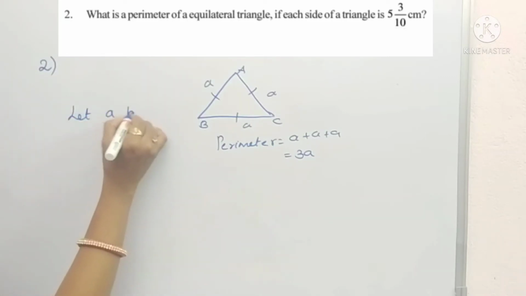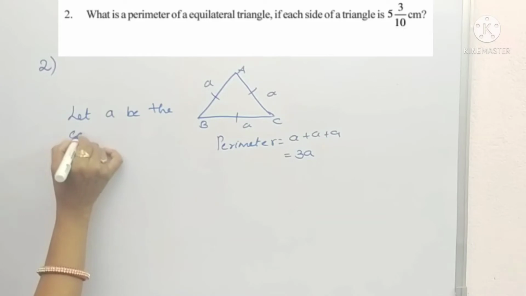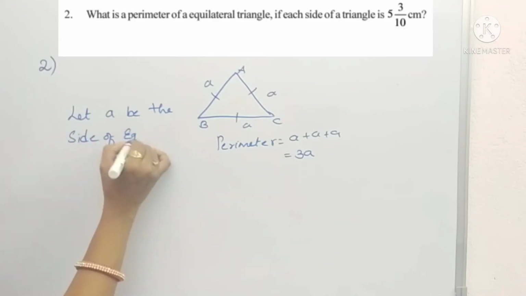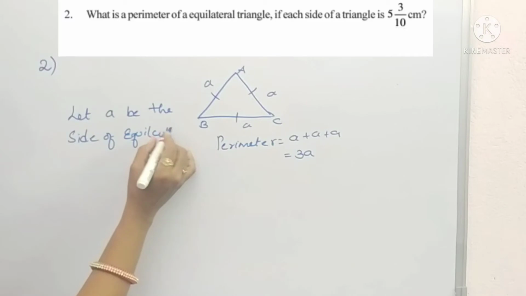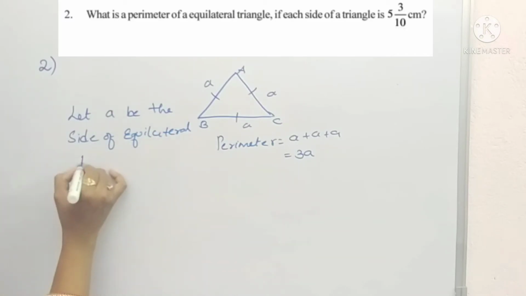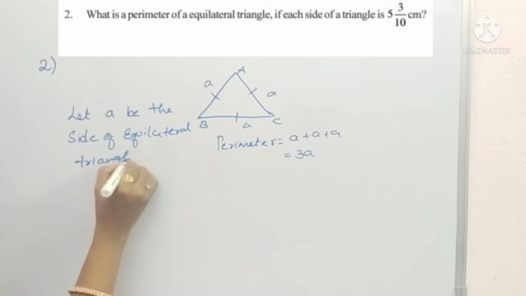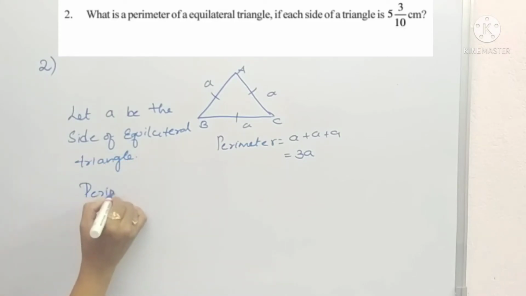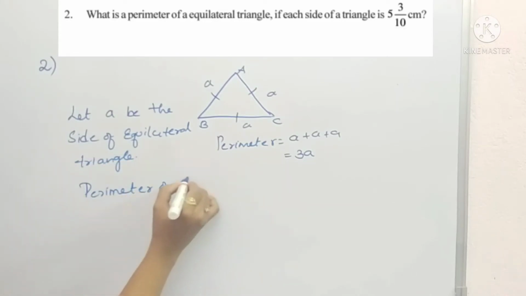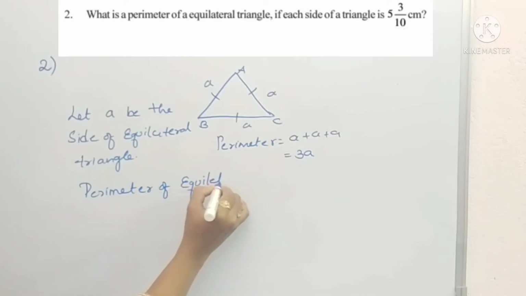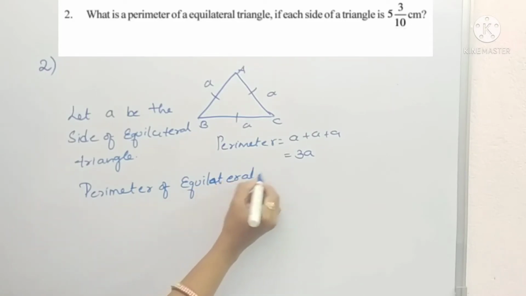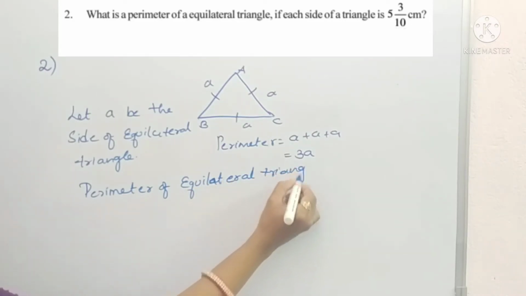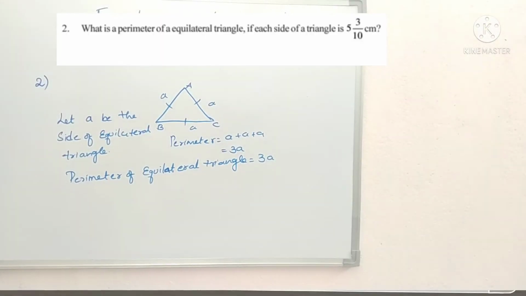Let A be the side of the equilateral triangle. Now perimeter of equilateral triangle is equal to 3A.